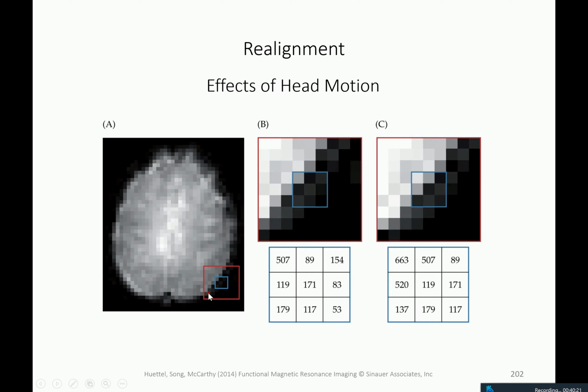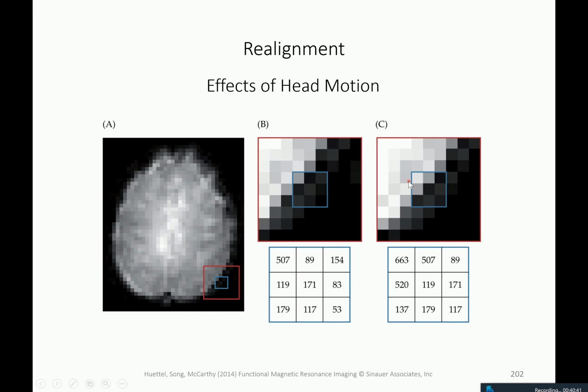However, there's a little bit of movement even if you try to keep your head still. And especially at the edges of the brain, this actually makes big differences. So here you see the gray level values when things are like that.